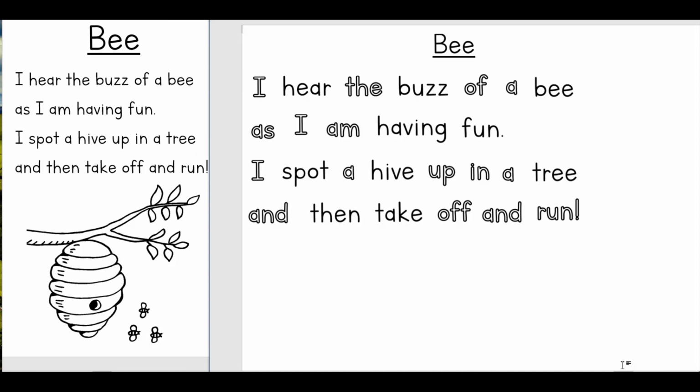Did they see a white car go by? Did they see a butterfly? Or did they see a hive? They saw a hive. And when they saw that hive, what did they do? Did they run? Did they skip? Or did they jump? They ran. Very good job.